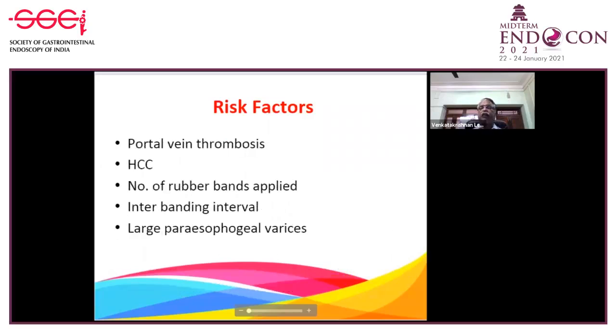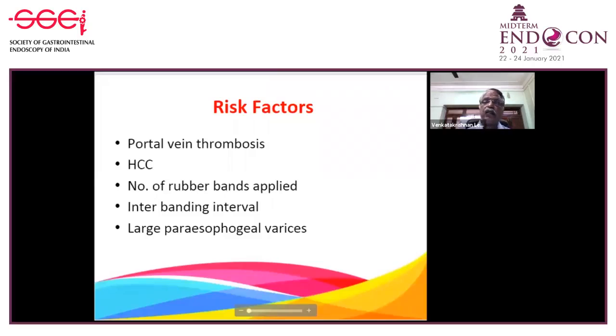The other risk factor, shown in a study from Hospital de Medwiz from Spain, is the presence of portal vein thrombosis with or without HCC, which has an increased risk of bleeding. This study showed that apart from the MELD score, the presence of portal vein thrombosis and hepatocellular carcondition were significant risk factors for rebleed.